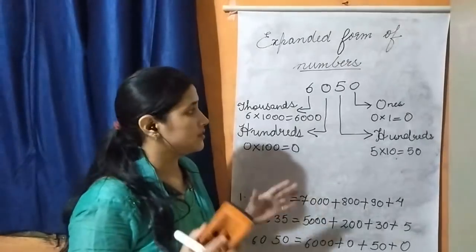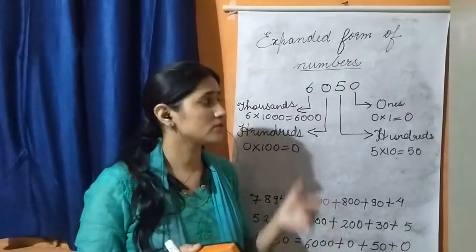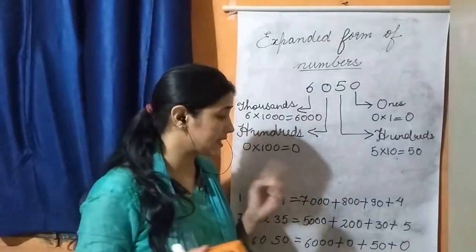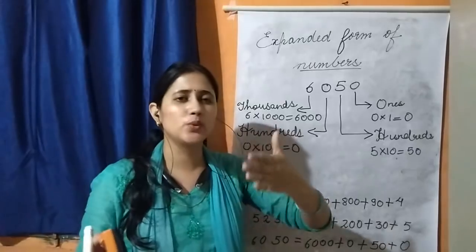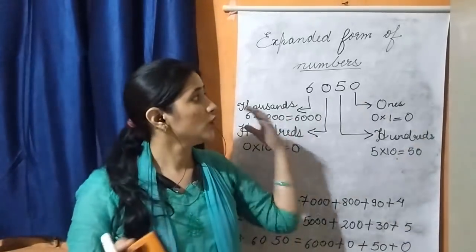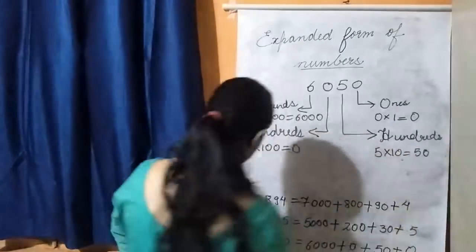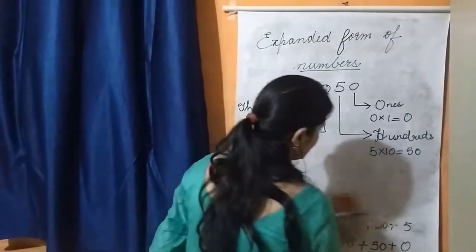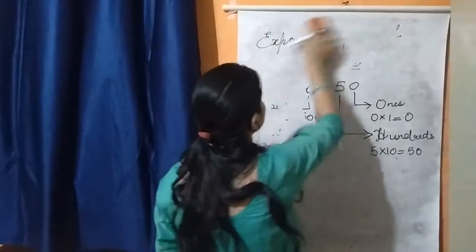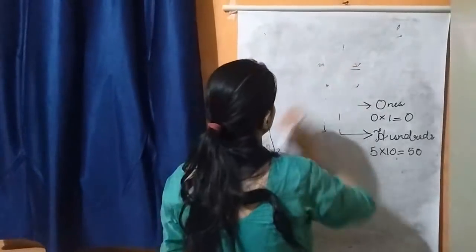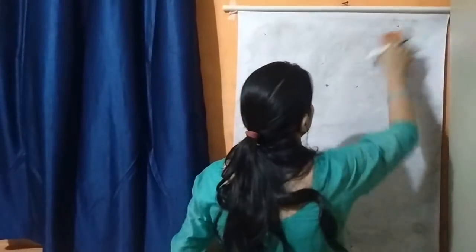And in the last video I explained comparing the numbers. Today also I am going to explain comparing the numbers. In the last video I explained comparing numbers with different digits, that is comparing 2-digit, 3-digit and 4-digit numbers. Today we will do the comparison with the same number of digits, that is 4-digit numbers.